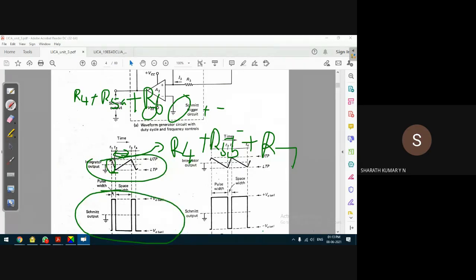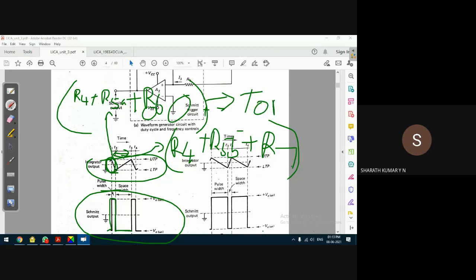The region controlled by R4 plus R5A plus R6 gives the positive pulse at the output of the Schmitt trigger circuit, and R4 plus R5B plus R7 gives the negative cycle. That means the combination R4, R5A, R6 gives the turn on time of the Schmitt trigger circuit output, whereas R4 plus R5B plus R7 gives the turn off time.